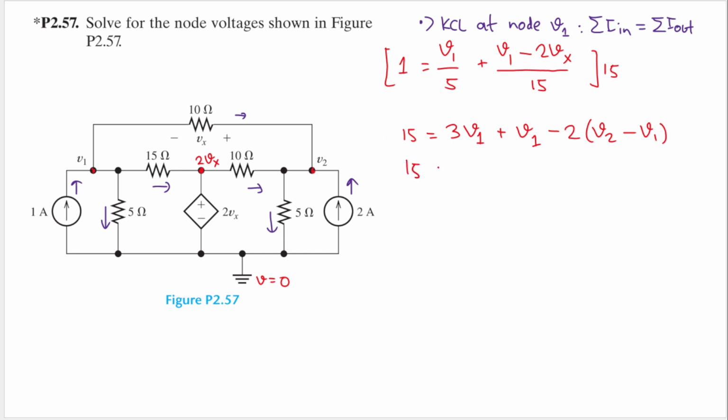I will have 15, and this becomes 4V1, then minus 2V2 plus 2V1. 4 plus 2 will be 6V1, and then minus 2V2, and all of that will equal 15. Let's call this equation 1.